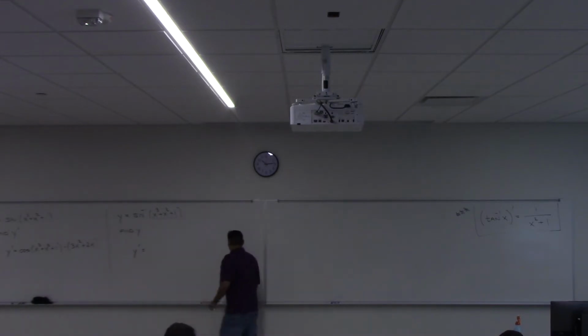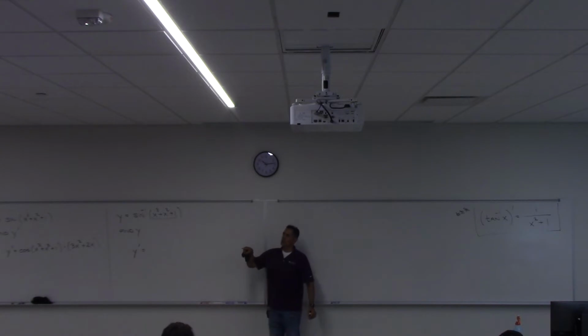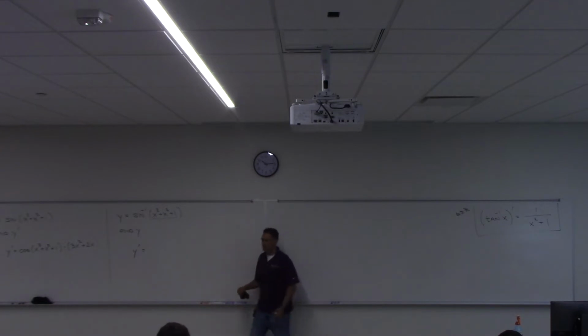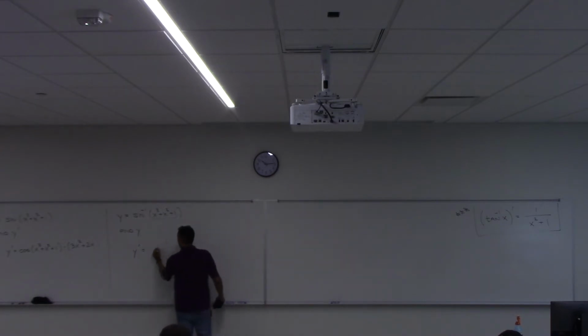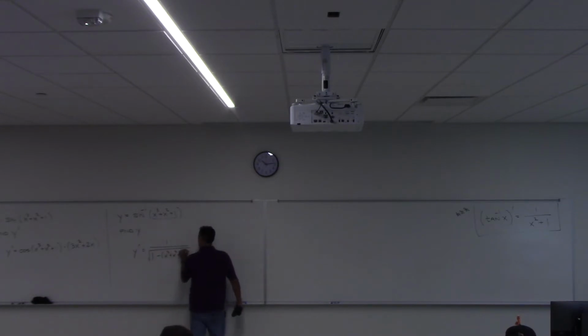So it's going to be 1 over the square root of 1 minus all of that squared. It's going to look ugly. I'm just following the formula: 1 over the square root of 1 minus all of that squared.